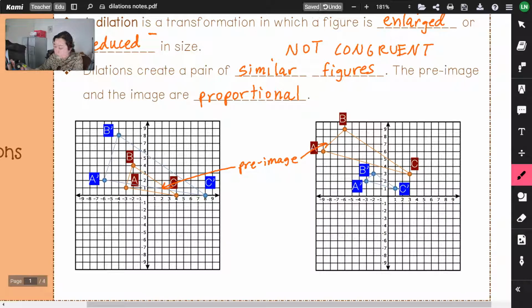One of the ways that you can check whether a figure is enlarging or reducing is you can pick the points on the pre-image and draw an arrow from the pre-image point to the image point. Like B to B prime here, A to A prime, C to C prime. If the arrow is going outwards, that means the figure is getting bigger. In this case it is, so this is an enlargement.